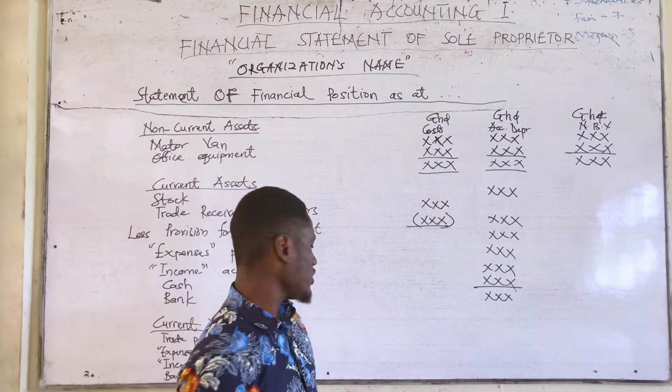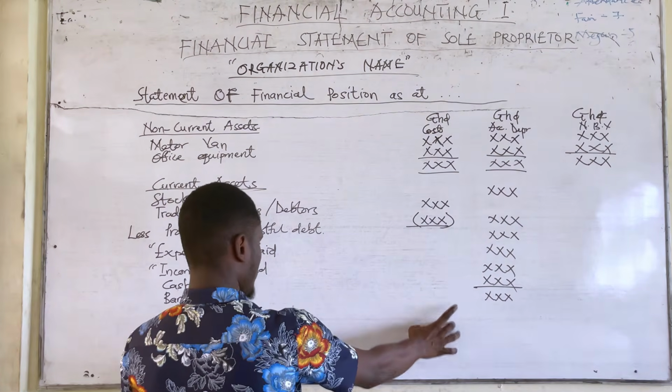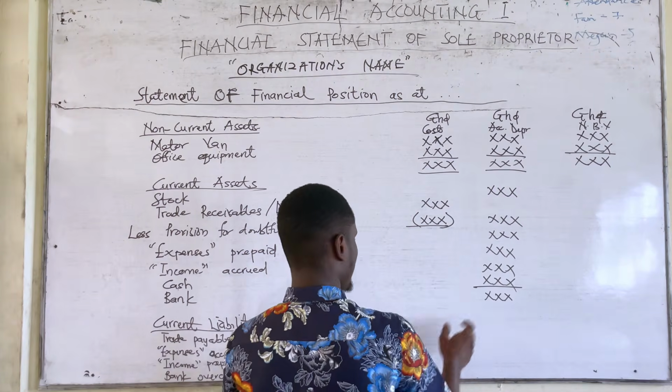So if you see any of these, they are current liabilities. So for that one, I'm going to show here. Okay. So after getting or adding them up, you bring them here to subtract from this.